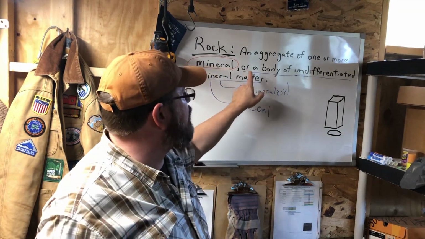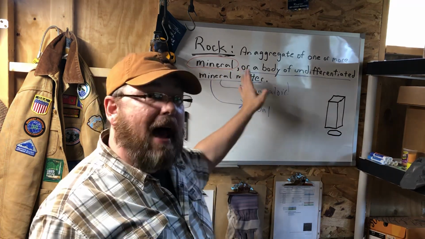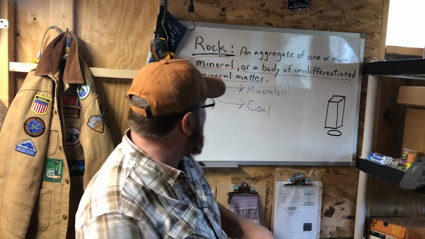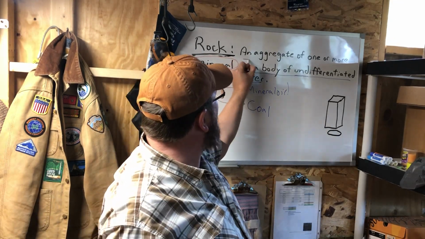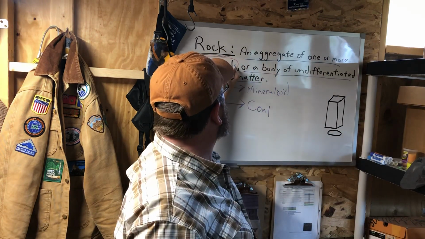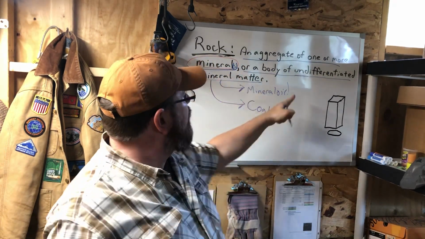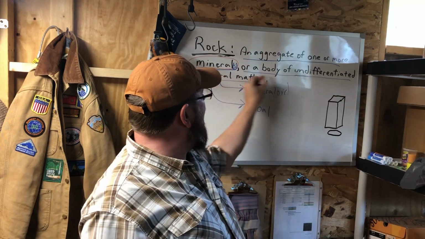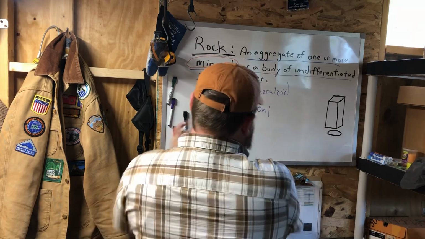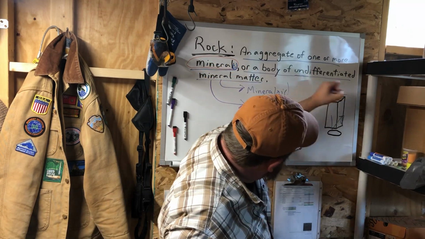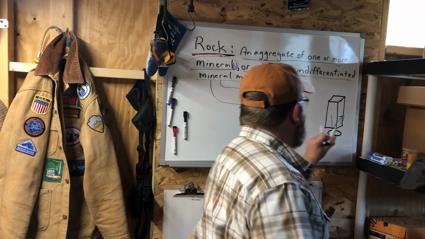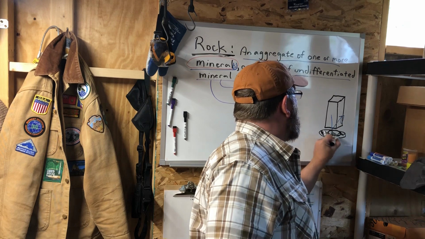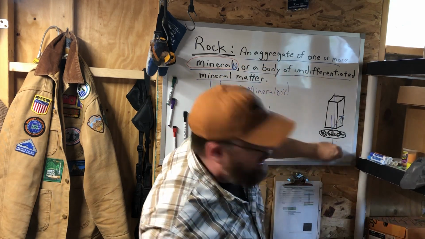Honestly, this part of the definition, or a body of undifferentiated mineral matter, is an attempt to fit the square peg into the round hole. If we just go by the definition, an aggregate of one or more minerals, we cannot include things like mineraloids and coal. So we added this, and honestly, we just made the hole bigger, a little more inclusive, so that the square peg goes right through.